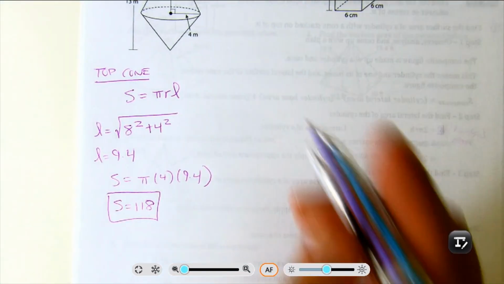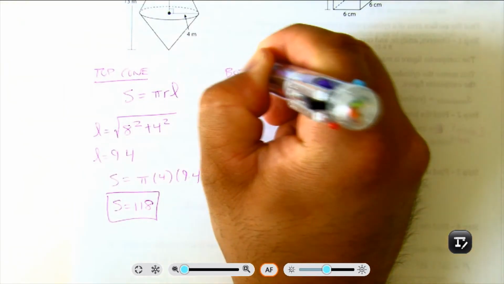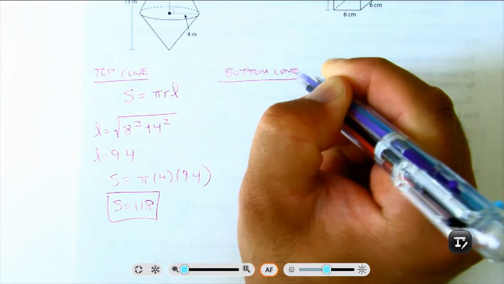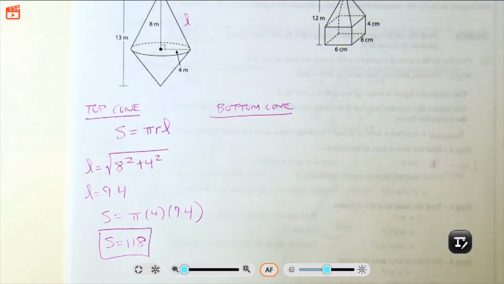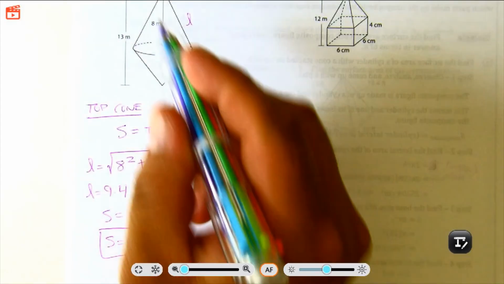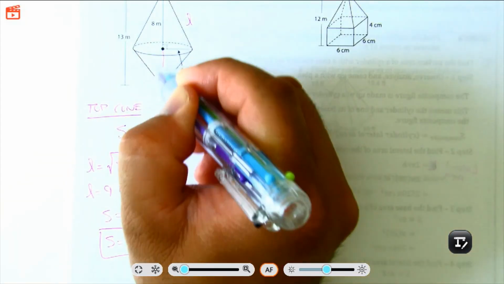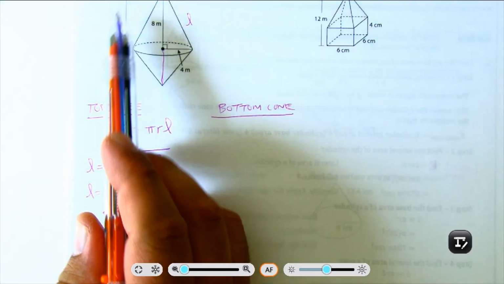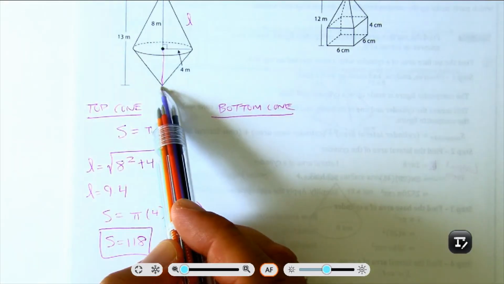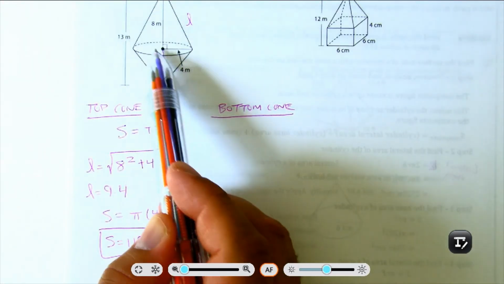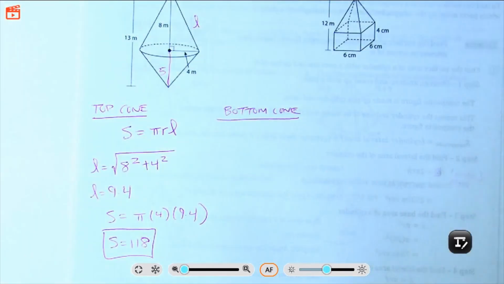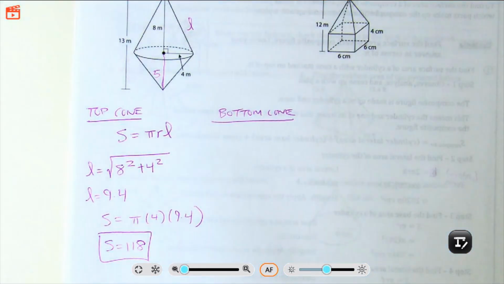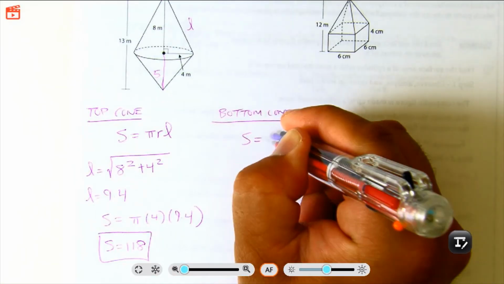But next I'm going to find the bottom cone. And to find the surface area of the bottom cone, I know my radius is 4. I need to find out what the altitude is. Now the altitude, because the distance from the top of the top cone to the bottom of the bottom cone is 13, from this point to this point, this has to be 5. And I'm using the same formula, S equals pi r slant height.